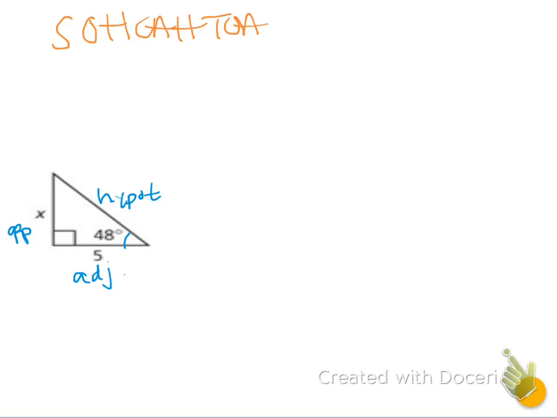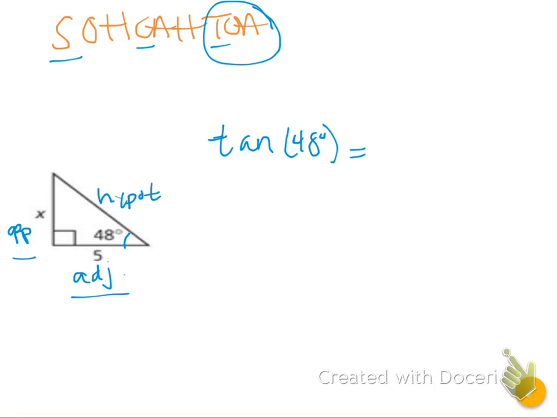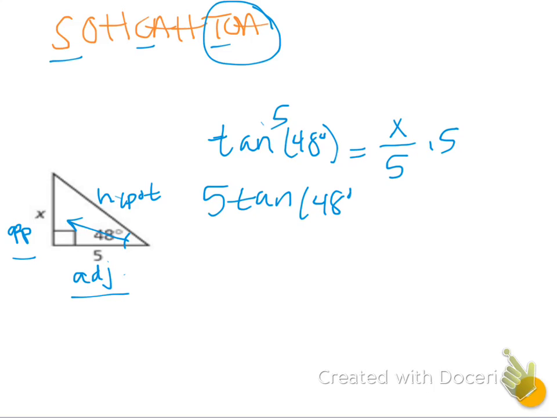The two things I have information on are adjacent and opposite, so tangent is what we're going to use. Tangent of 48 degrees equals opposite, x, over adjacent, 5. Multiply both sides by 5, so 5 tangent of 48 degrees equals x. We type that into our calculator.